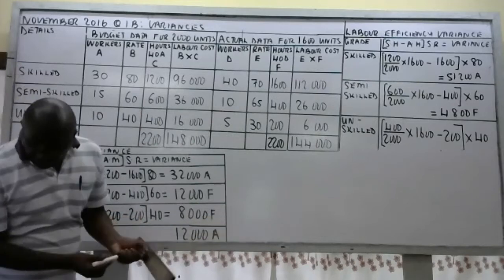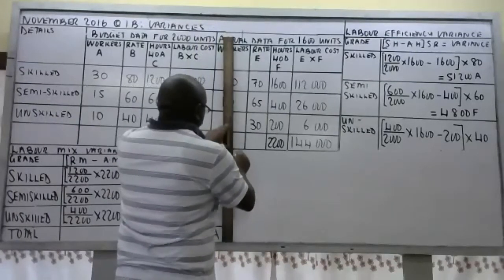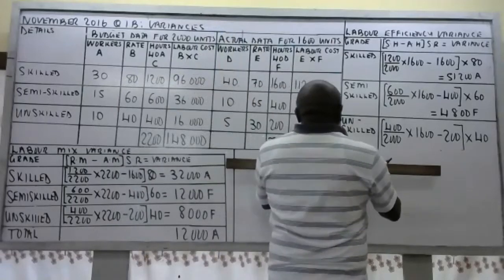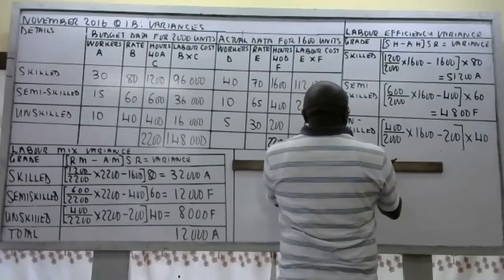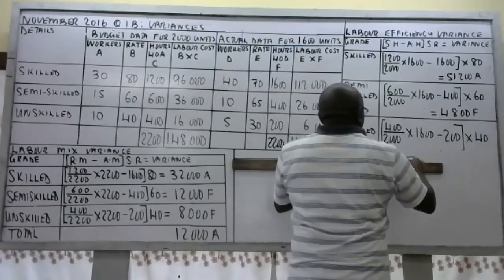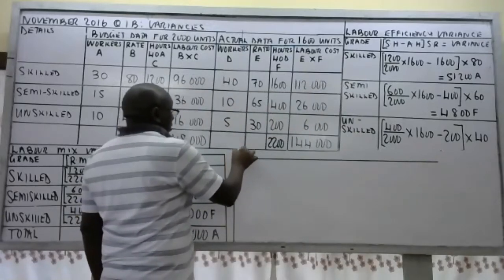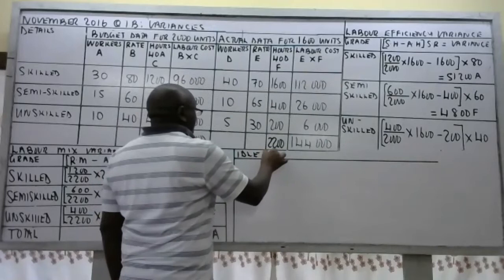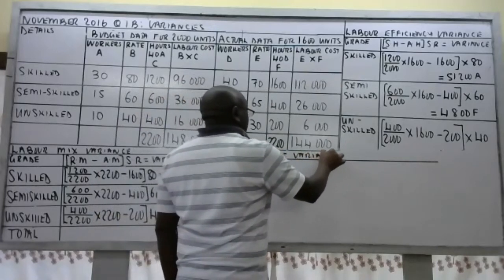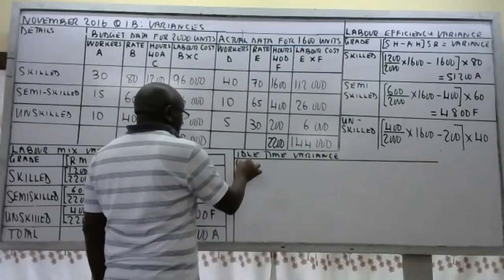Then the next one is idle time variance. We have the grade here.